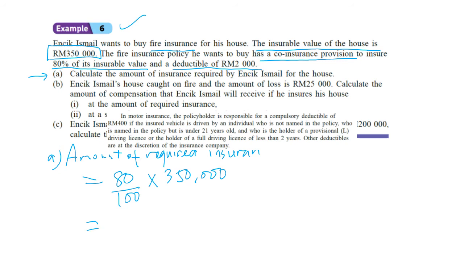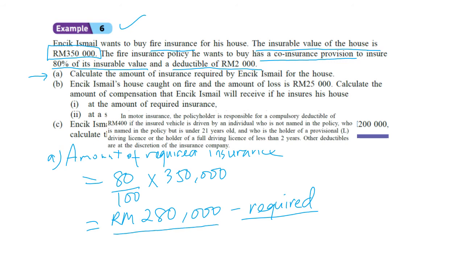So the amount of required insurance is RM 280,000. So this is the required amount. The insurance company asks Encik Ismail to insure the house for 280,000.